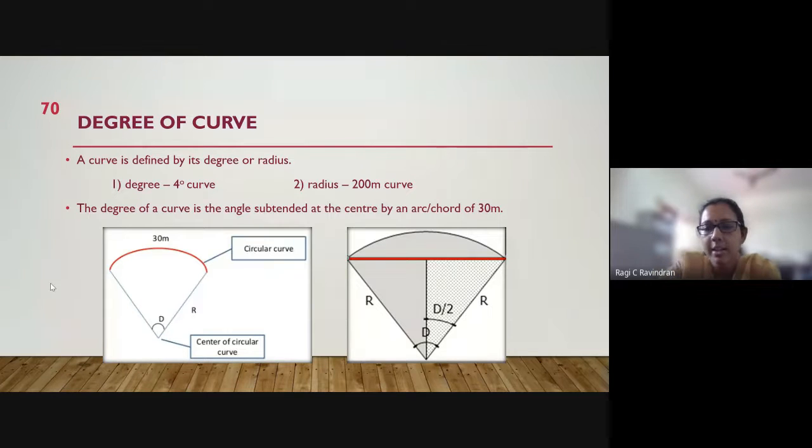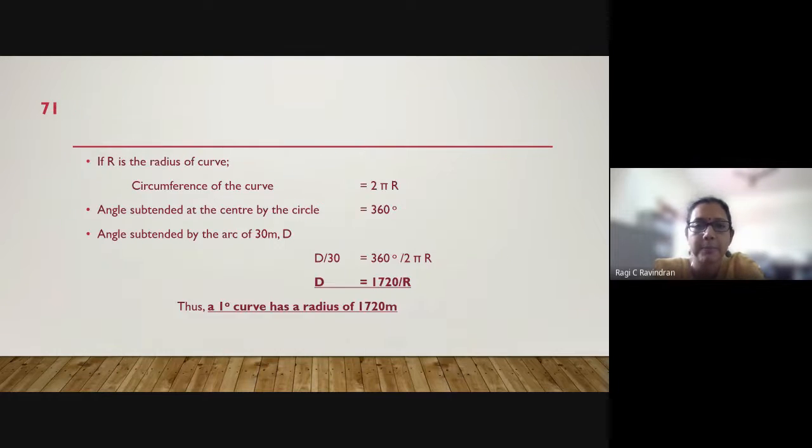Here also you can see the degree of the curve. Generally, the degree of the curve is denoted by capital D, just like radius is capital R. And if you take the midpoint of your chord, then half that angle will be D by 2.